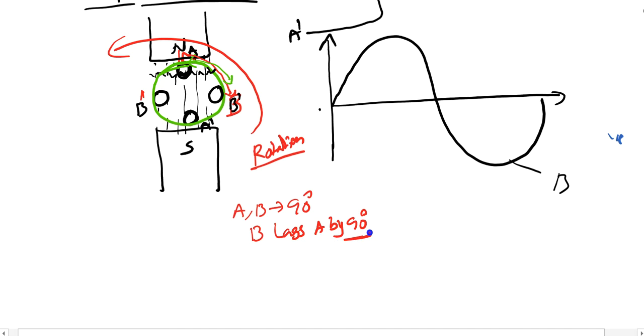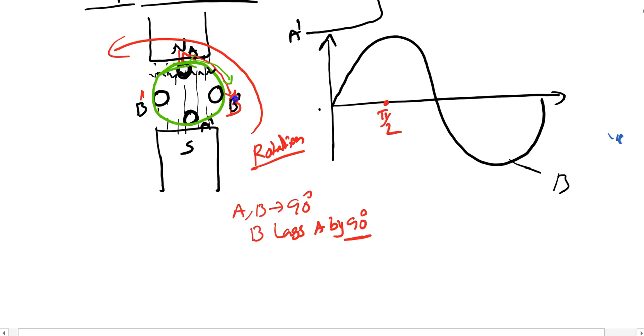This is the 90 degree lag of my B with respect to conductor A. So I have to start my waveform from a 90 degree lag here. So pi by 2 is the reference point I have to take.